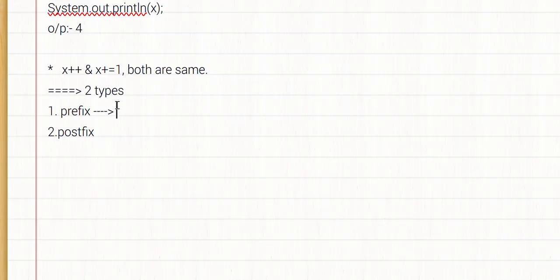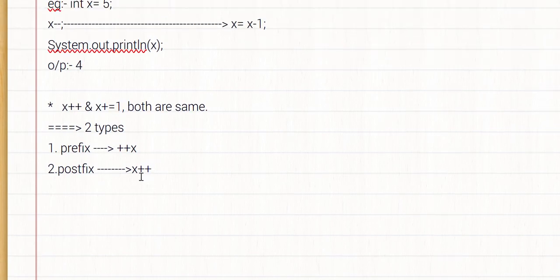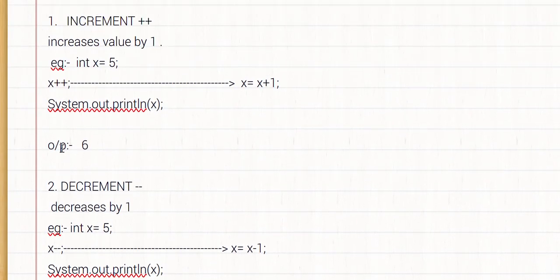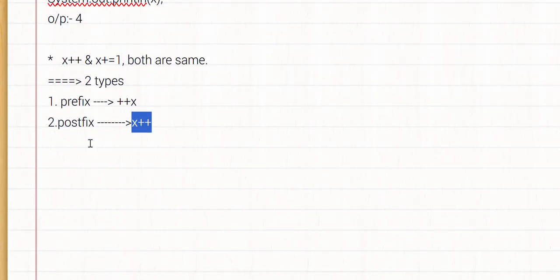Postfix means first we assign the value and then we add. This is how you have to write a prefix: first plus plus and x, and this one first x and then x plus plus. You may think that x plus plus and this one are the same, but it's different. Now let us learn them deeply.